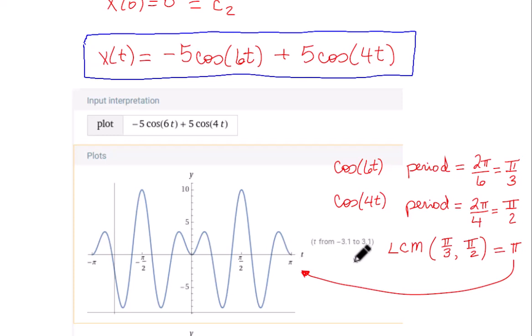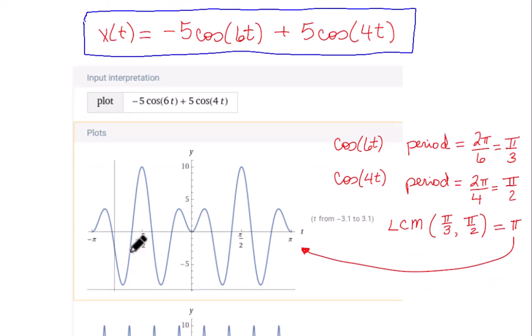Why is that? Well, if you look at the lowest common multiple of pi over 3, which is 1/3 pi, and pi over 2, which is 1/2 pi, the lowest common multiple of 1/3 and 1/2 is 1, so the lowest common multiple is pi. And that's the period for this function, which has cosine of 6t and cosine of 4t.